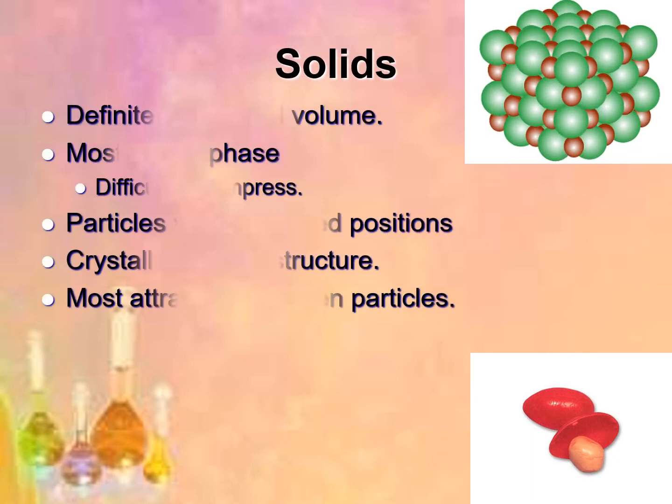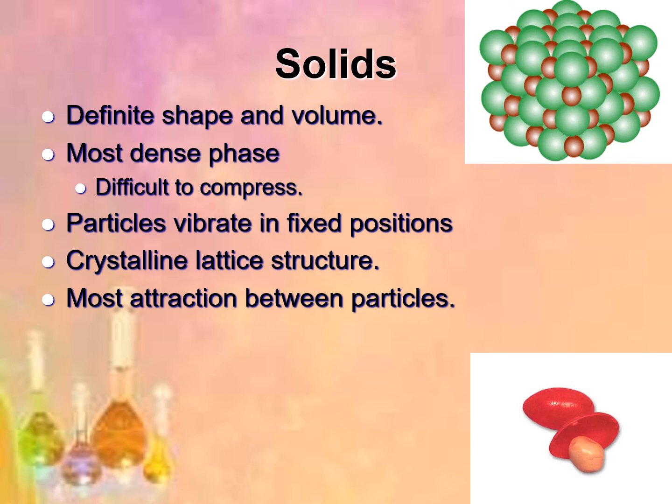Class, now that we have reviewed our last lesson, let's discuss phase changes in terms of their arrangement of molecules and behavior with the three states of matter. First, solids. What are solids? Solid has definite shape and volume, meaning they have regular shape and cannot take the space of a container.